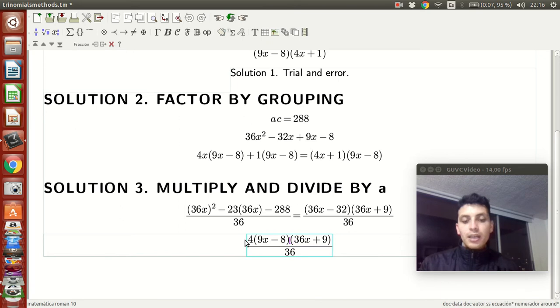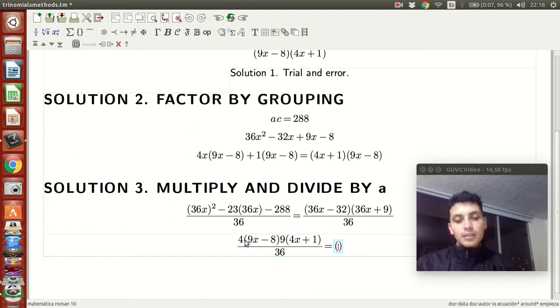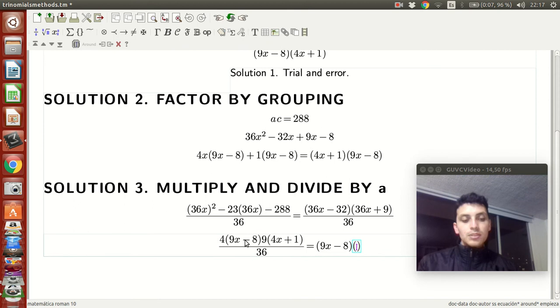And here the GCF is 9. We have 4x plus 1. Notice that 9 times 4 is 36. So we can simplify with this 36, and that's it. Simplified, we have 9x minus 8 times 4x plus 1.